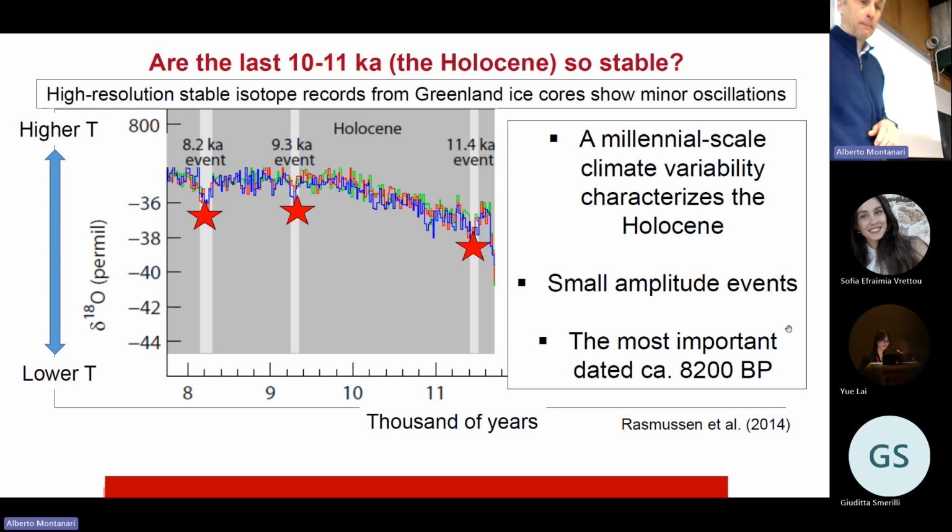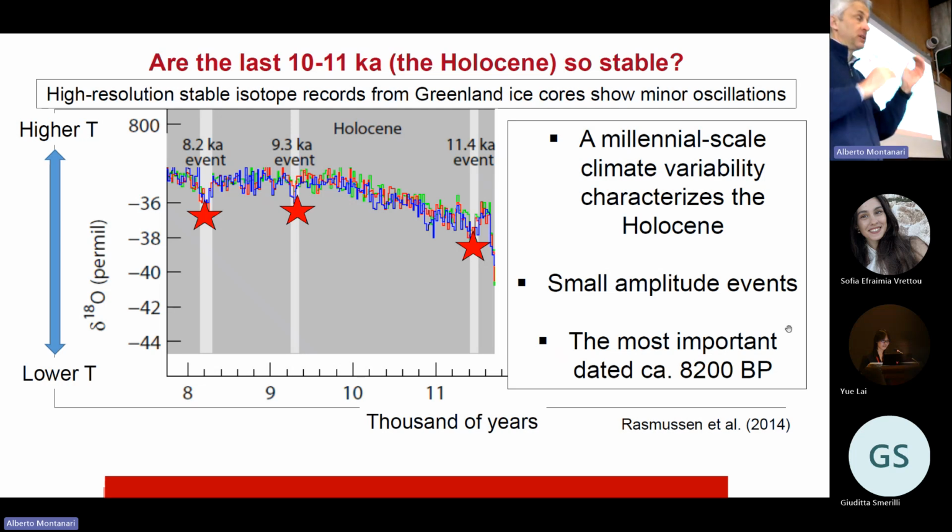Okay, so if we look at more details, we can see, and this is a zoom. If you look at this figure, it is a zoom in the period from 8 to 11,000 years ago. So we can say that indeed there are still some inner variabilities inside this stability.